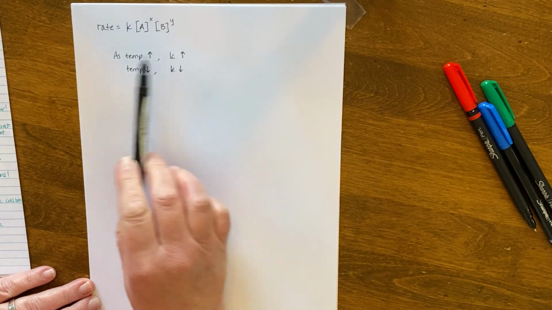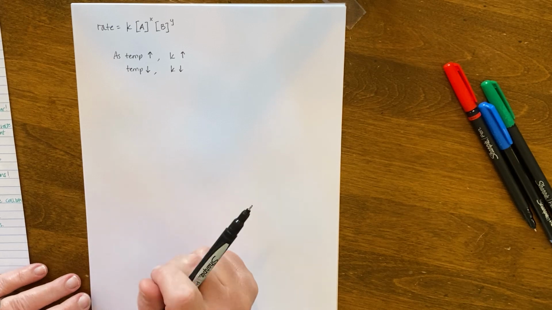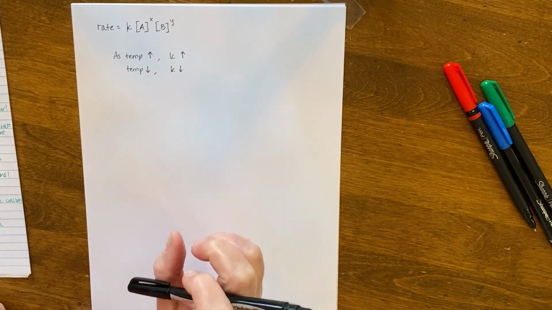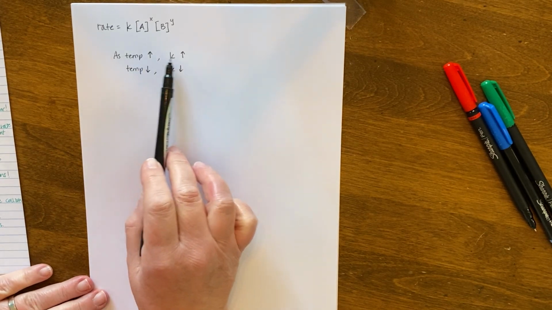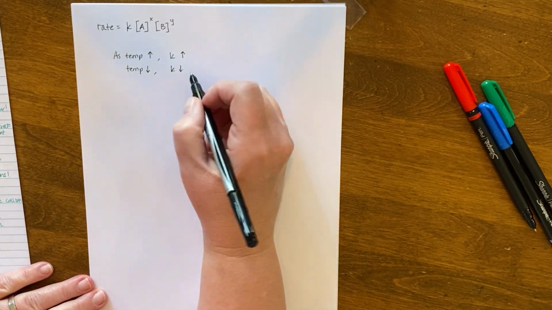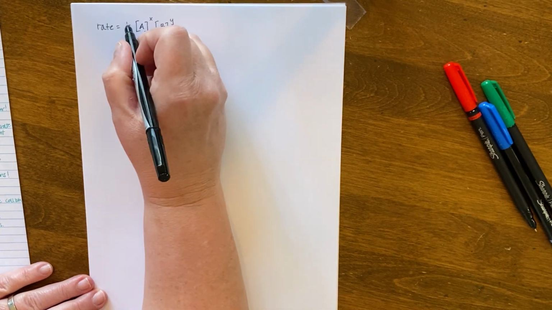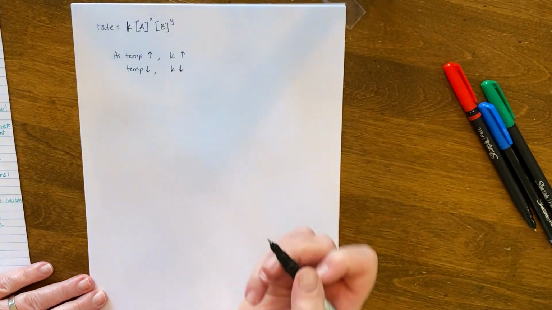So we're not going to get into actually how they come about K taking temperature into account because the math is a little bit beyond this class. But just remember, as the temperature increases, K will get bigger. As the temperature decreases, K will also decrease. And the temperature factor is already kind of baked into this value for K.